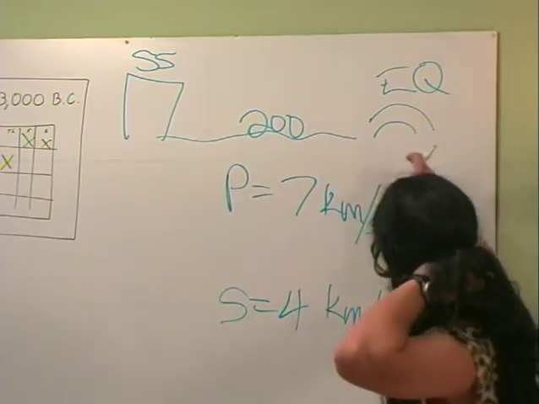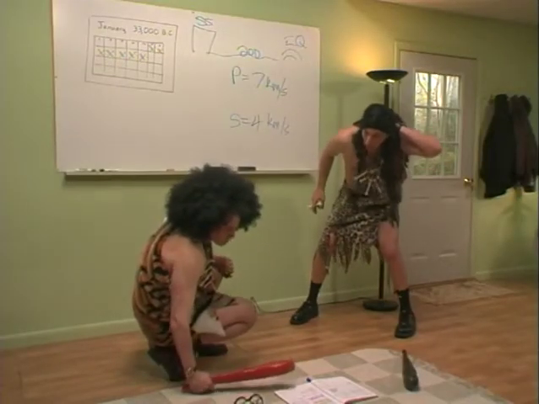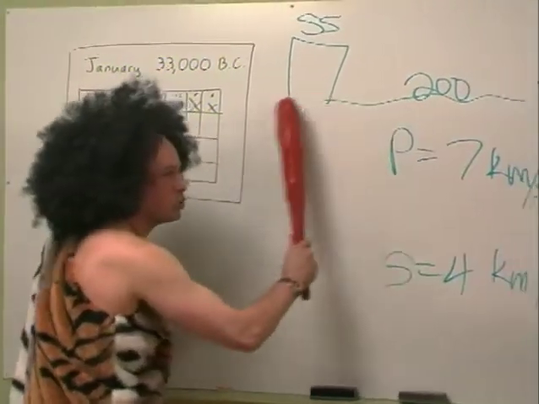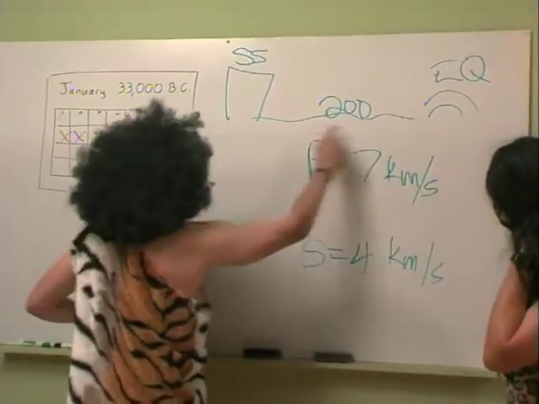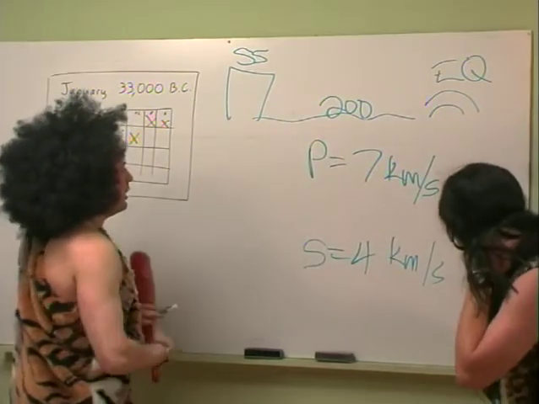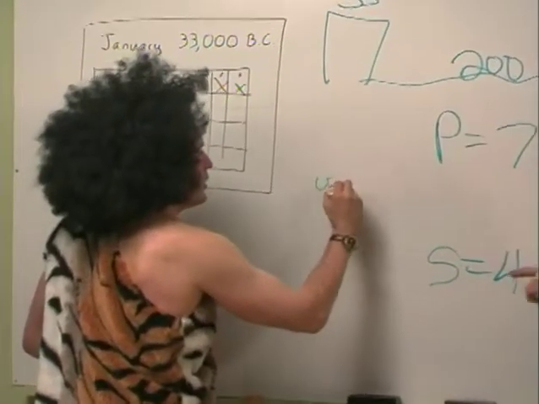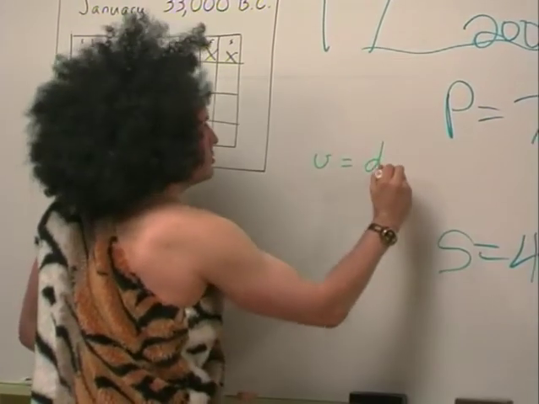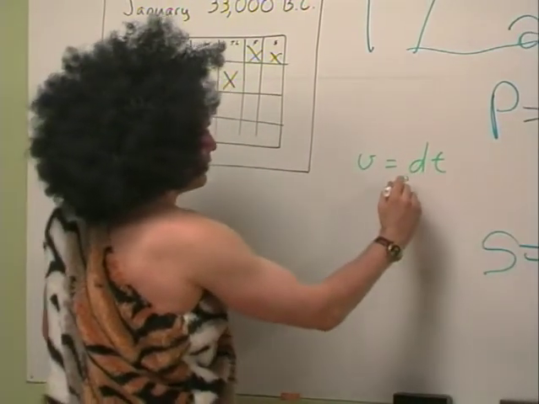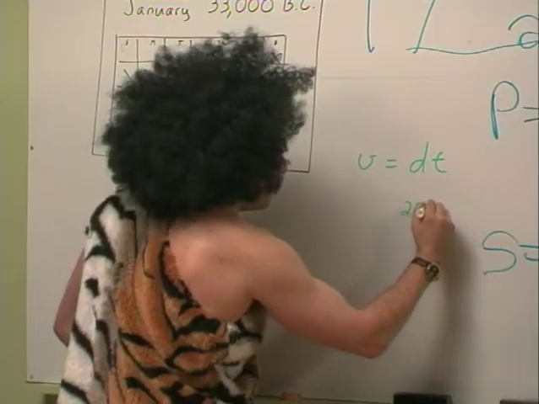We need formula. Question says, which of the following is true? So formula, how long? They talk about how long to travel. P wave, here to here. S wave, here to here. Formula. Okay. Velocity equals distance times time. Distance, 200.